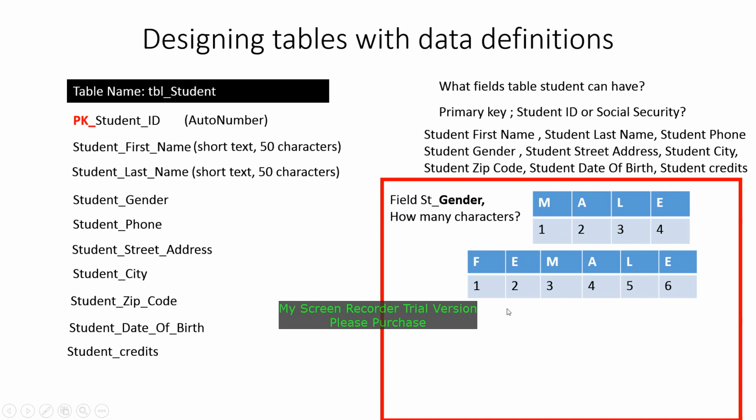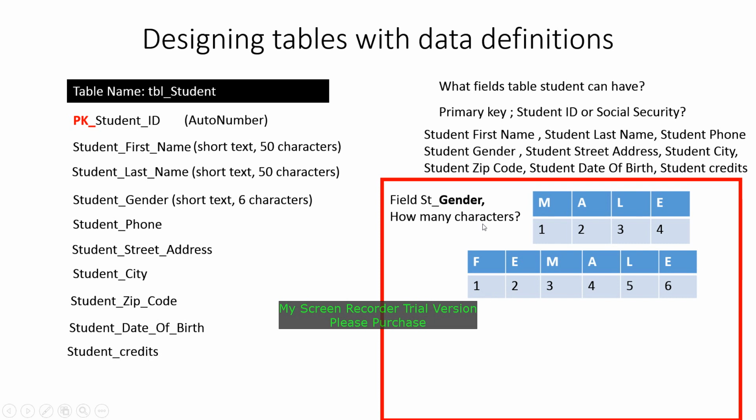So, there are no other options. How many characters do you think it's supposed to be? Based on this picture and based on our options, field student gender must have 6 characters. Because whenever we select the number of characters, we have to make sure that we select the maximum number of characters which your field will allow.